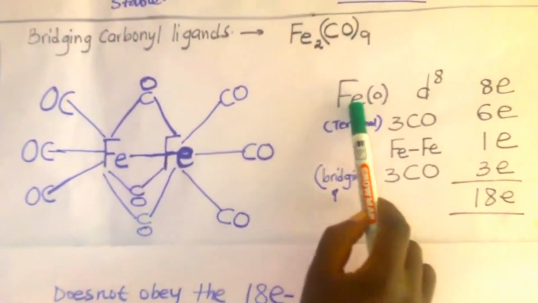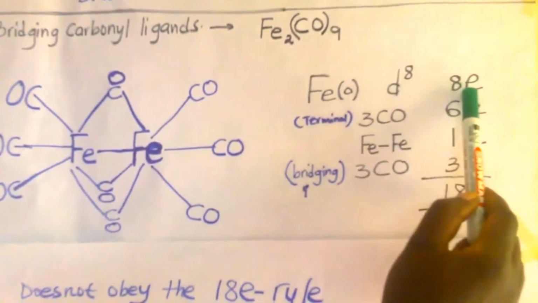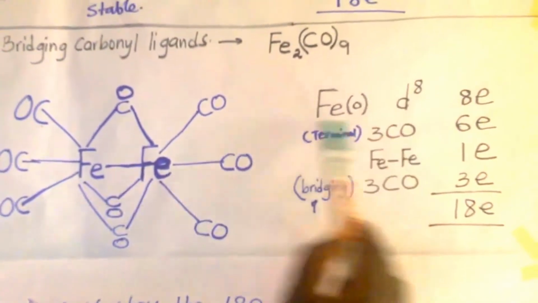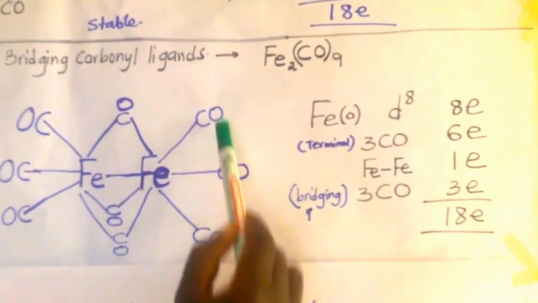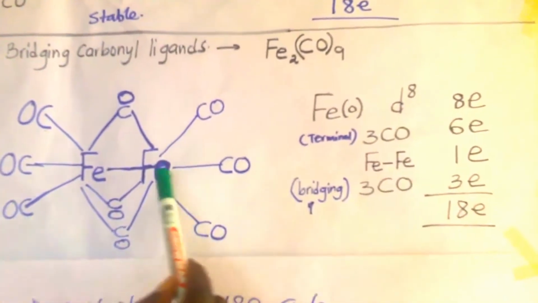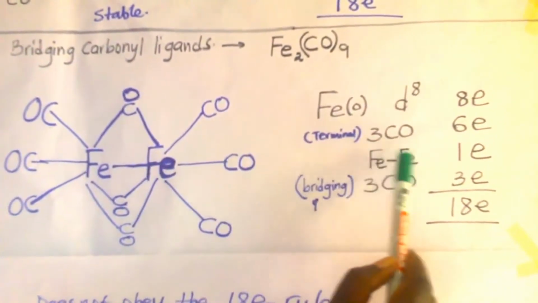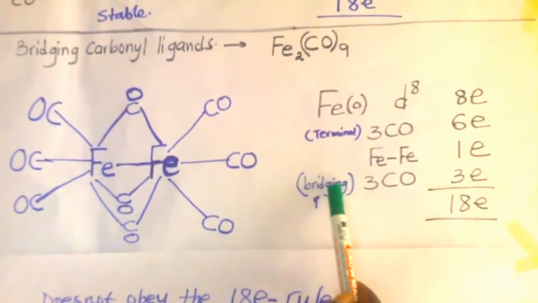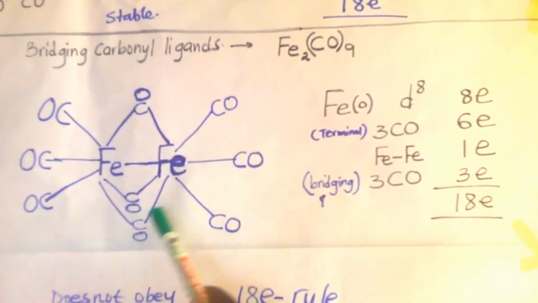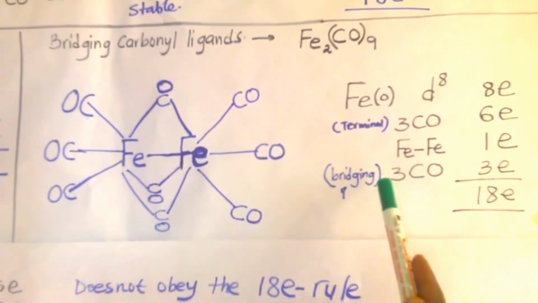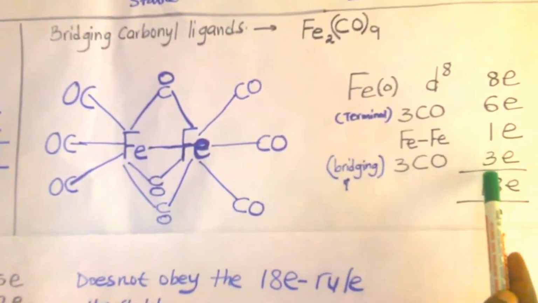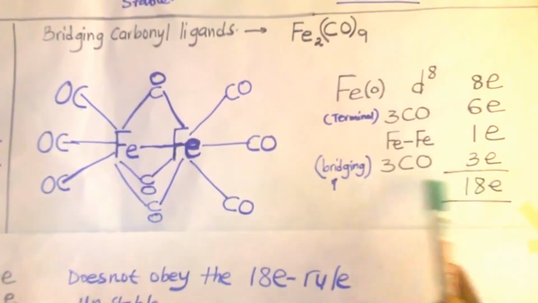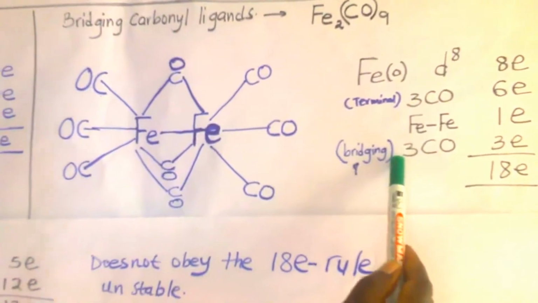So iron, 0 oxidation state, D8, 8 electrons. 3 carbon monoxide are terminal, 6 electrons. Then it has a metal to metal bond, 1 electron. It has bridging carbonyl. Bridging carbonyl, they are 3, each one contributing 1 electron. So this is 3 electrons giving us 18 electrons. So this complex is said to be stable.